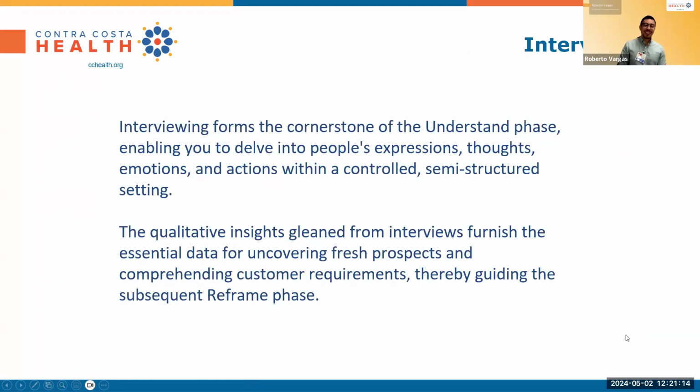Okay, so jumping into it. So application, right? We talked about the cornerstones of this framework. So interviewing is a large component of the understanding phase. And certainly we want to understand expressions, thoughts, and emotions, what we just talked about.